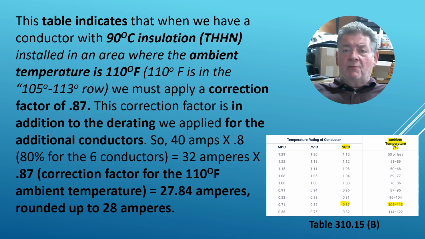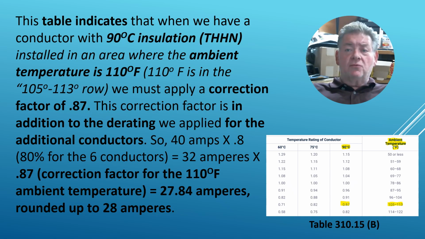When we look to the table, and again, we have a copy of the table on the right-hand side of the slide here, there we see 4 columns. Going left to right, we have a 60 degree column, a 75 degree C column, and a 90 degree C column.